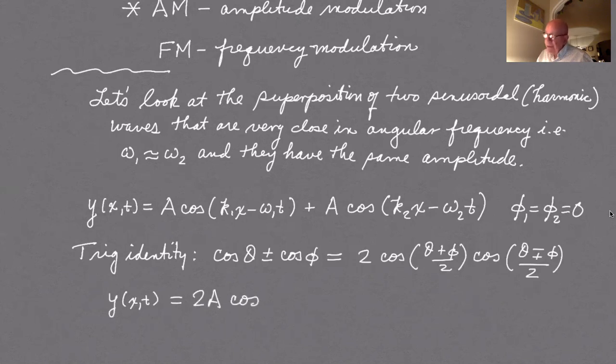It's going to be the cosine of omega 1t minus... Don't know why I wrote it that way, but it doesn't really matter. Let me just erase this. Okay, and let me just pause here just 1 second.